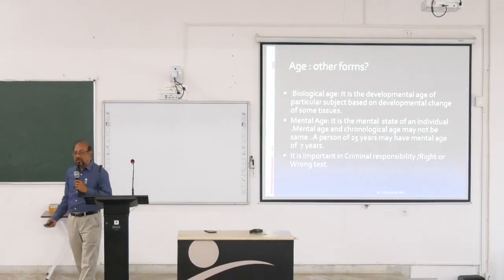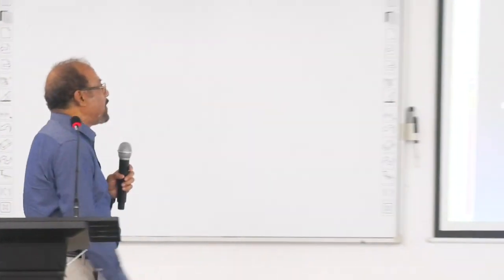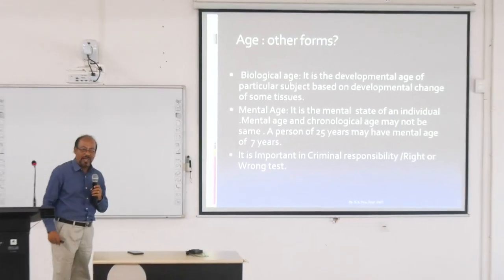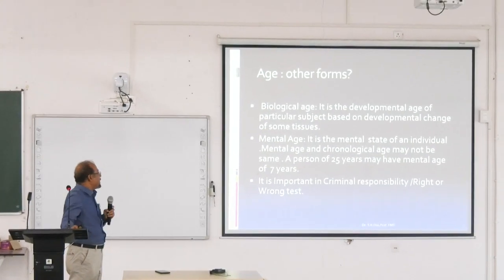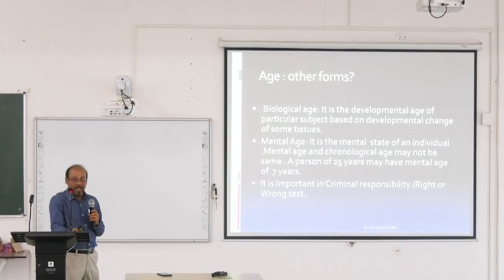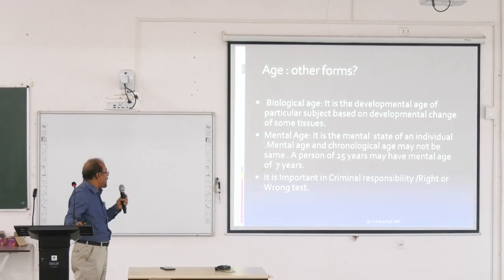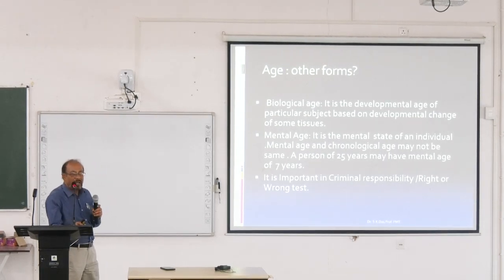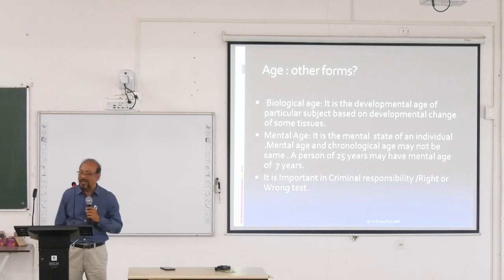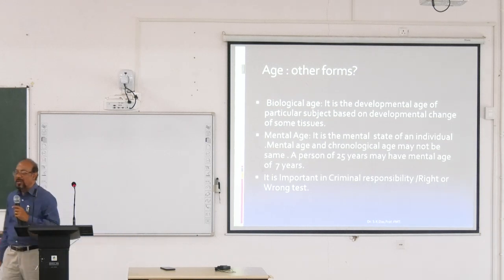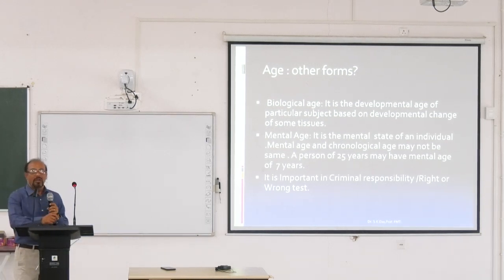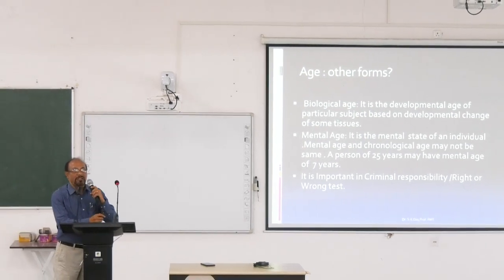Another form of age we are going to discuss, estimation of the age, that is biological age, the developmental age. The main problem is this. Another is mental age, psychological age. Many times even a person aged 25 years, 30 years, 60 years behaves like a 7 years child.